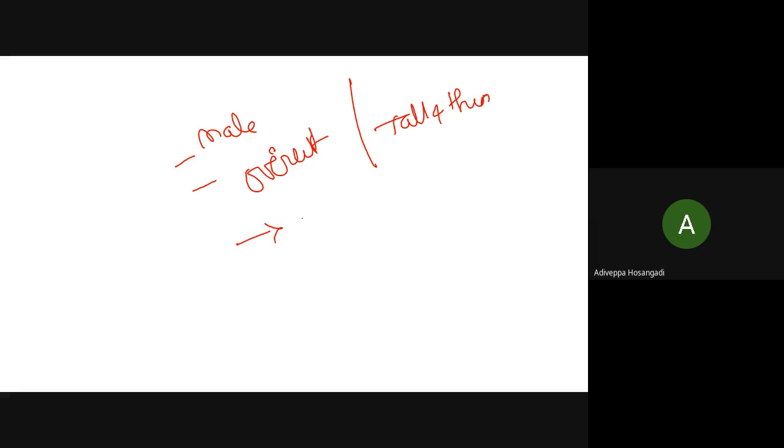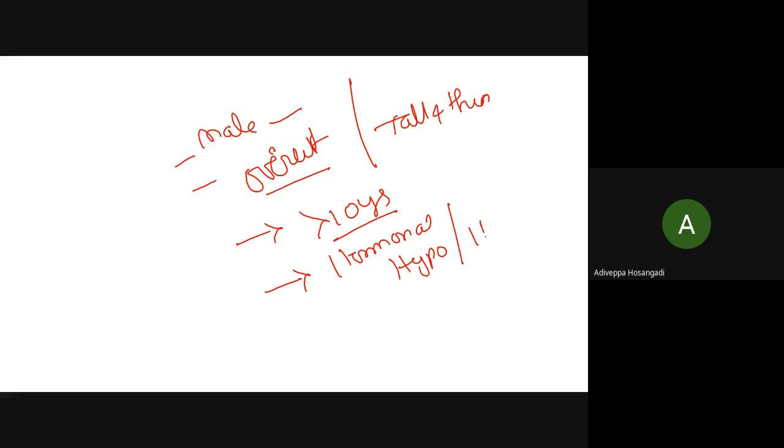Generally between about 10 years, more in male, more in overweight, and more common with hormonal disorders, especially hypothyroidism, hyperparathyroidism, and increased growth hormone. So these are the conditions where you get a likely possibility of slipped capital femoral epiphysis.